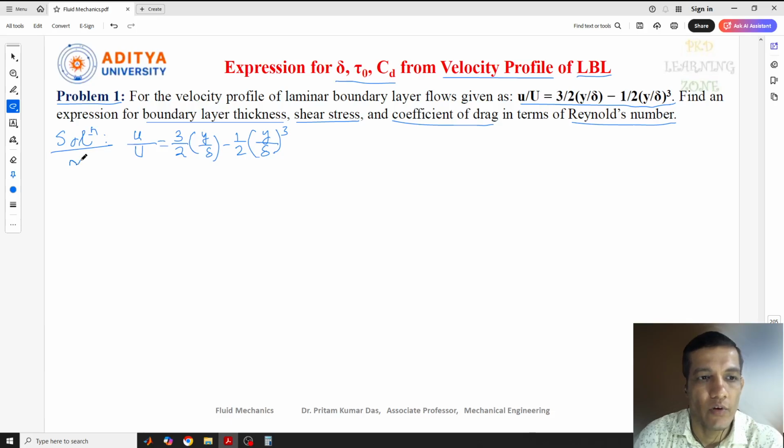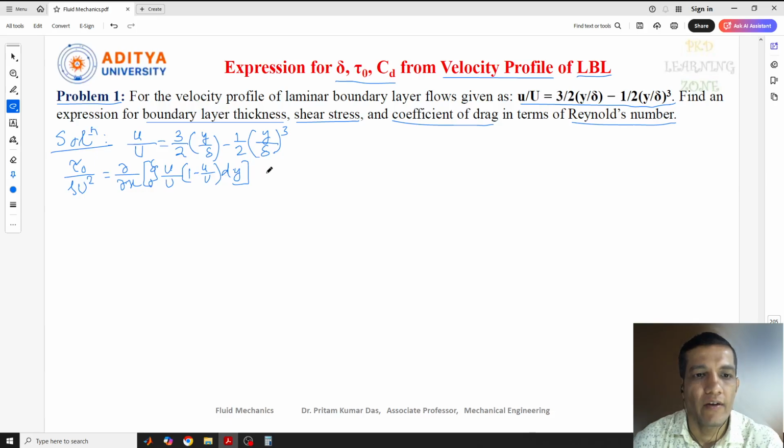There we got the von Karman momentum integral equation: tau naught by rho U square equal to d by dx of the integral from 0 to delta of small u by capital U times (1 minus small u by capital U) dy. This is the equation we derived.